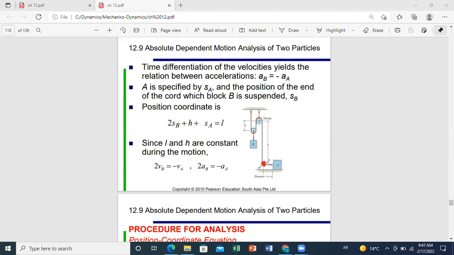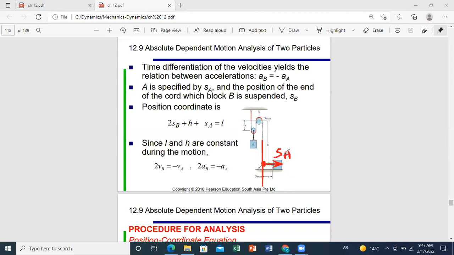Since my motion is horizontal, I can take the reference line vertical passing by this point, which is fixed. This is my reference line. And the coordinate for block A, I can take it from the reference line to A. So this is S of A.